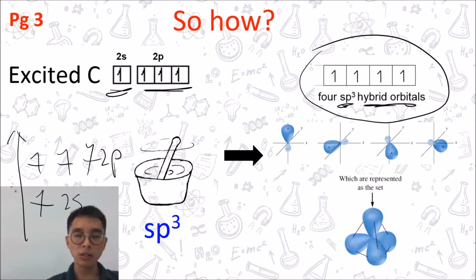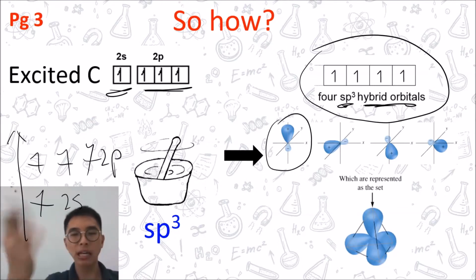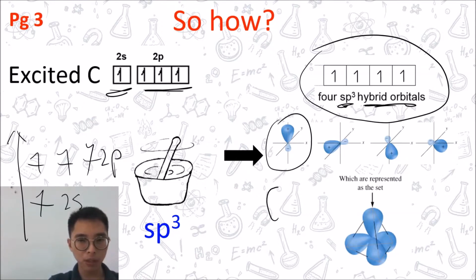Now I want you to look at this orbital, or any of them, because they are all degenerate, they are all the same. If you look at the shape of this sp3 hybrid orbital, it is very interesting. There is a big loop and a small loop. Why it looks like this is because it is a cross between the s and the p orbital.